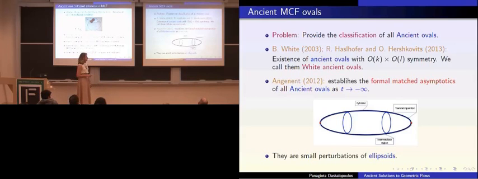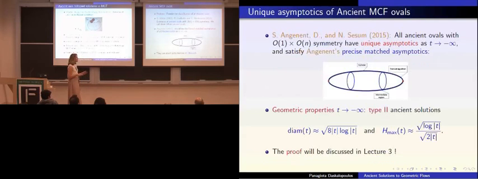There is a cylindrical region, which we'll be calling the parabolic region. Then there is an intermediate region, which is the longest, where the solution looks like an ellipsoid. And very close to the tip, at a very tiny scale, you see a soliton, the so-called Bowl soliton. The Bryant soliton is for the Ricci flow.